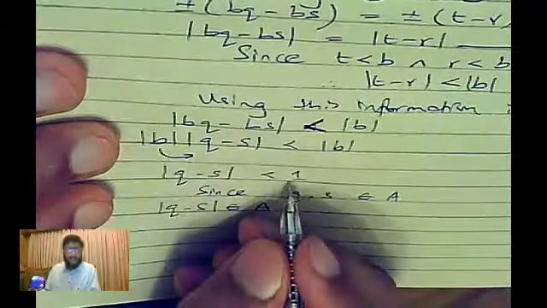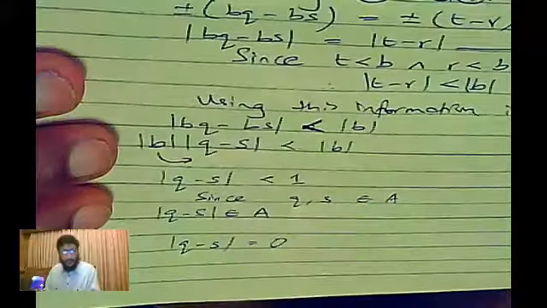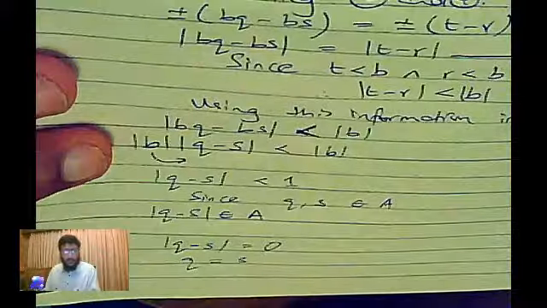Therefore, the modulus of Q minus S equals 0, and this implies Q equals S.